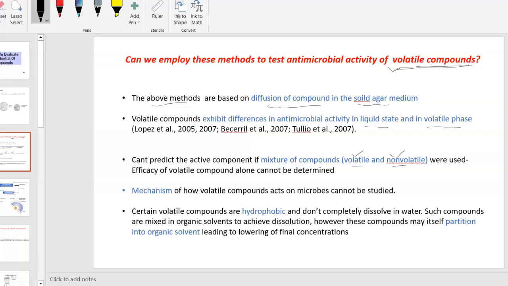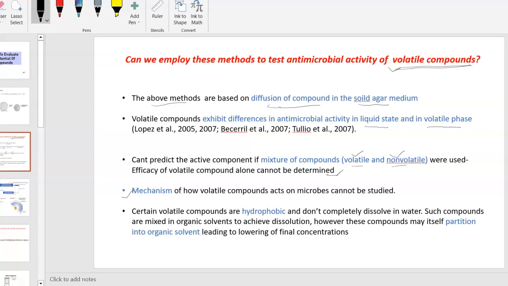So the efficacy of the volatile compound alone cannot be determined. We can't even predict the actual mechanism of how these volatile compounds act on microbes. This also can't be studied.